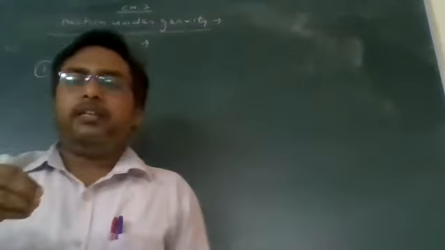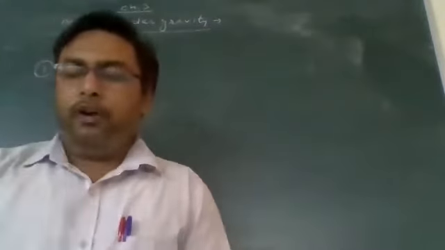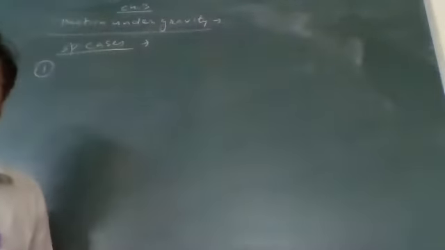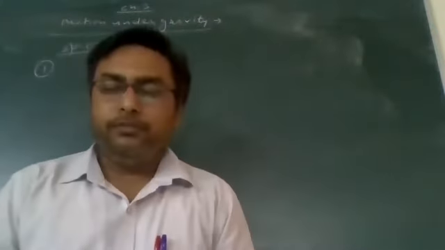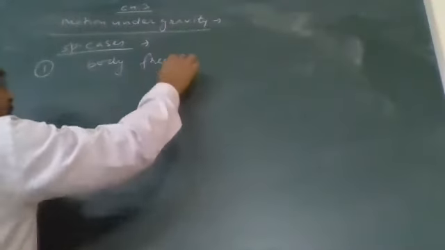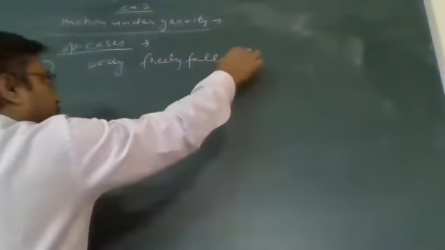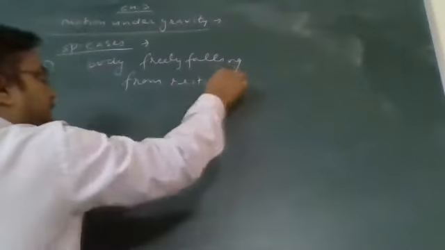First case: let a body be freely falling from rest through height h. Initial velocity is given as zero, that is, from rest, and the given height is h.